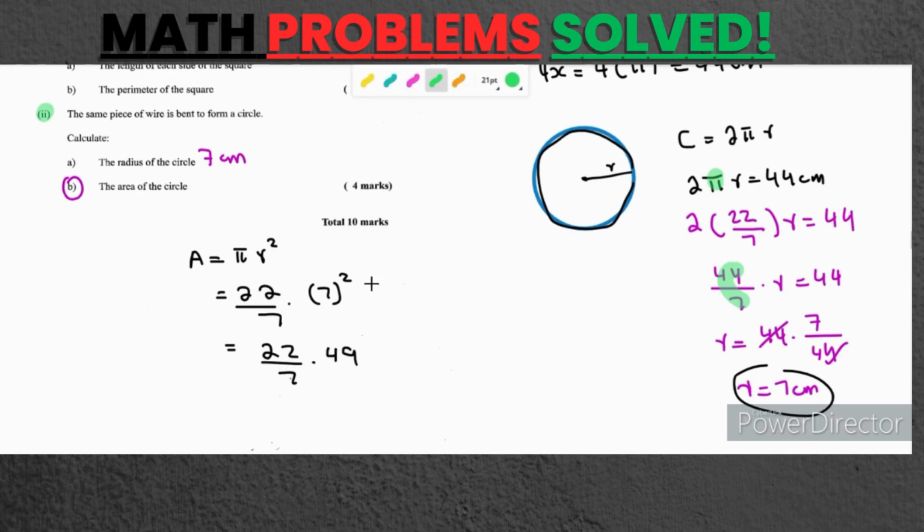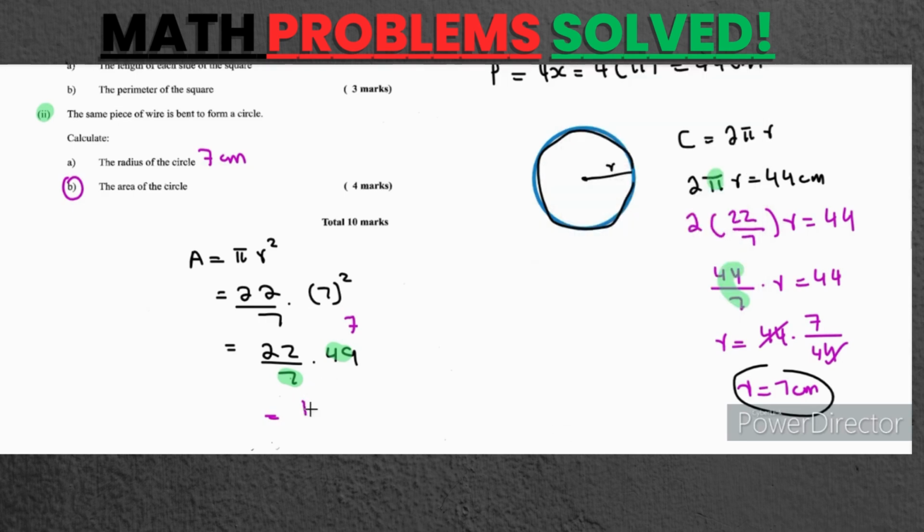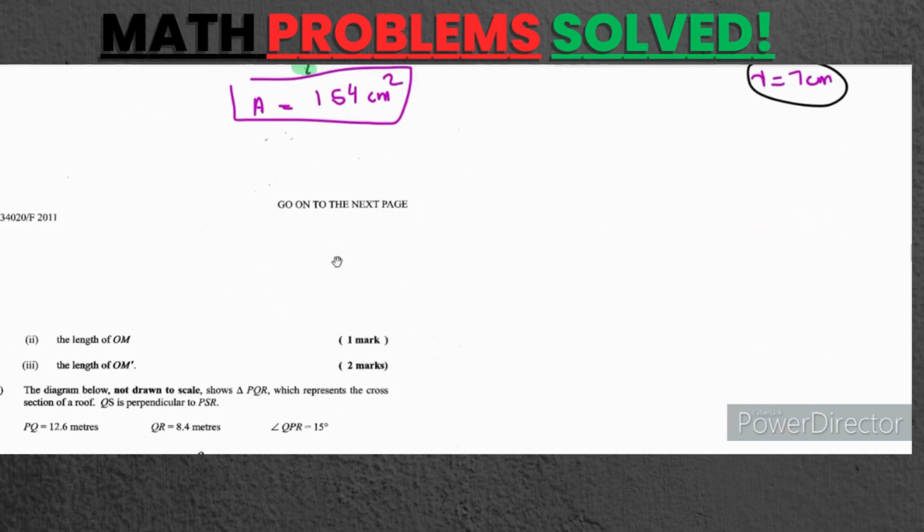So when we divide 49 by 7, it will be just 7, right? So 7 times 22, we can use a calculator here. 22 times 7 equals 154, right? 154, because it's the area and the unit of area is centimeters squared. So the area of the circle will be 154 centimeters squared, right?